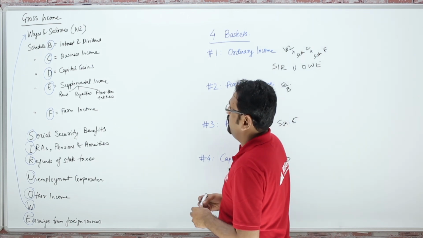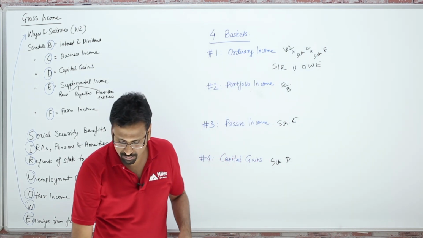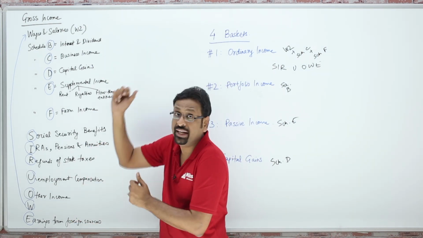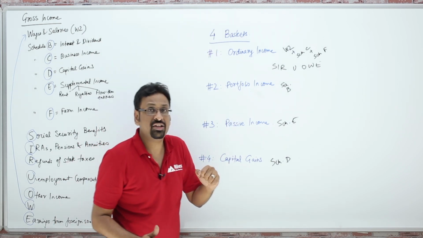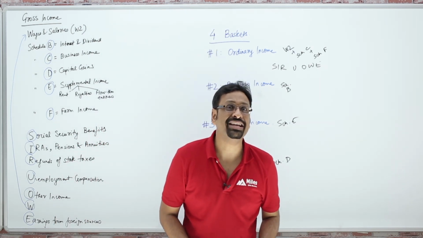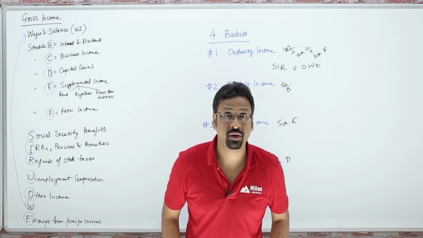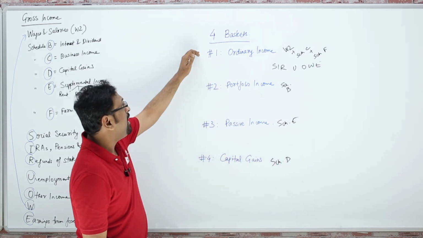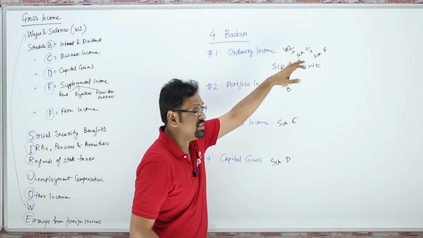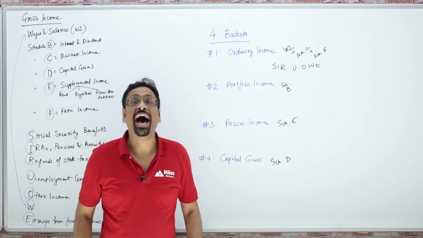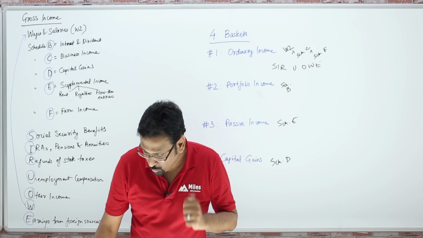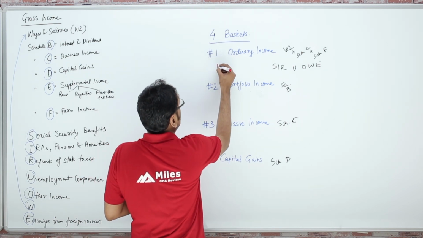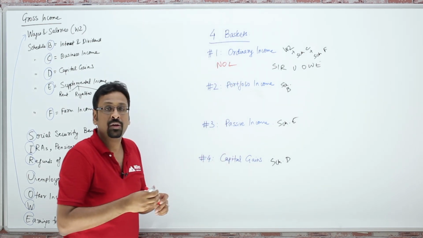Now, the reason I have classified all these gross income items into 4 baskets is to help you understand certain limitations. So let us say in basket number 1, you're running your business, Schedule C, and you have a loss. We call that a net operating loss.